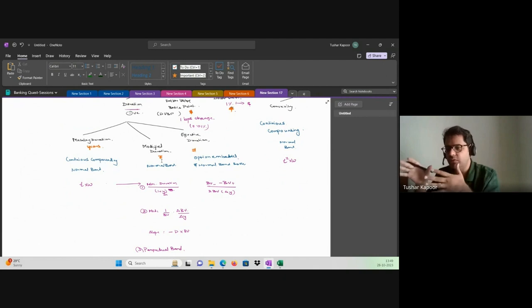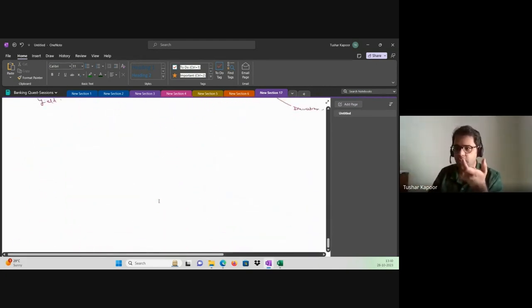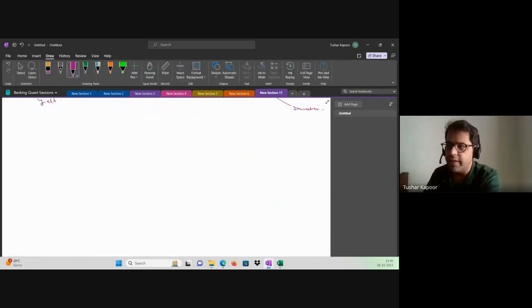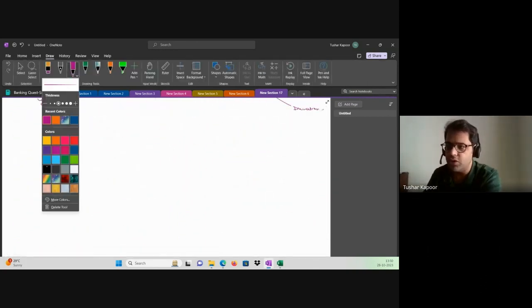But then came effective duration, a more improvised version, which is used for option embedded bonds, which are putable and callable bonds. I'm sure you must have heard about option embedded bonds in your FRM book, so I'm not going to talk more about it, but just a small recap of what they look like.